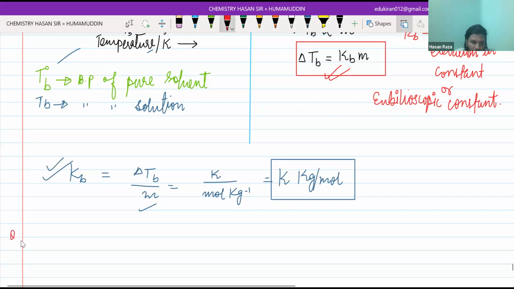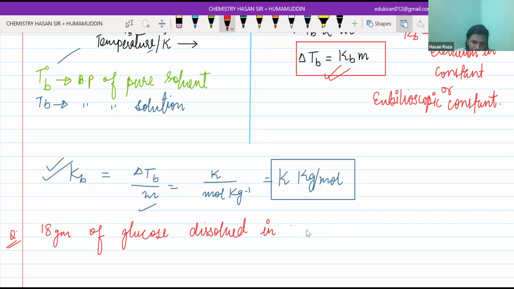The unit is also very important. So you are going to write: 18 gram of glucose dissolved in 1 kg.